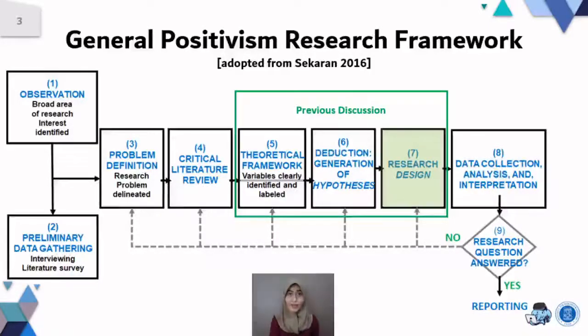That is, we need to be reasonably sure that the instruments we use in our research do indeed measure the variable they are supposed to, and that they measure them accurately. Therefore, we will focus our discussion on the 8th step, data collection, analysis, and interpretation, and specifically about the goodness of measures, which is part of data analysis.